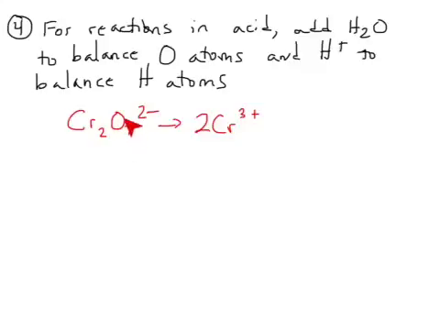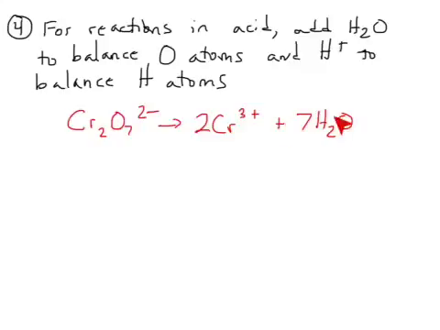I have 7 oxygen atoms here. So I need to add enough water so I have 7 oxygen atoms on this side. So I need to add 7 water molecules, 7 H2Os. Right now, that takes care of my O's. 7 O's and 7 O's. Again, chromiums are still good. So far so good. We've created another problem though.